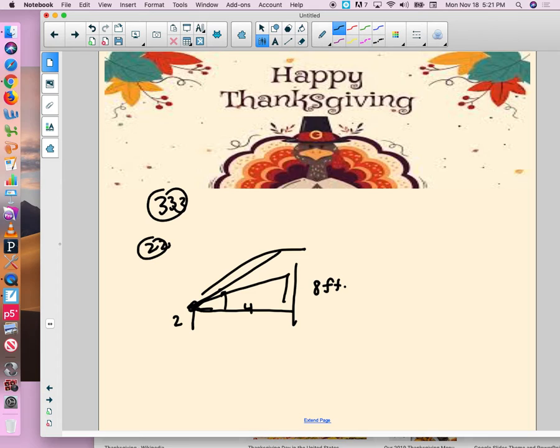And so what I did there was I used tangent of the angle of elevation, which was 66 degrees. So tangent of 66 degrees. Let me draw it. This is what we need to know. Okay, this is 2 feet off the ground. There's a fence over here that's 8 feet high, but I don't really know how high to draw it in relationship to this right now. The snow blower's at an angle of elevation of 66 degrees, and we know this is 4, so I'm going to find x.